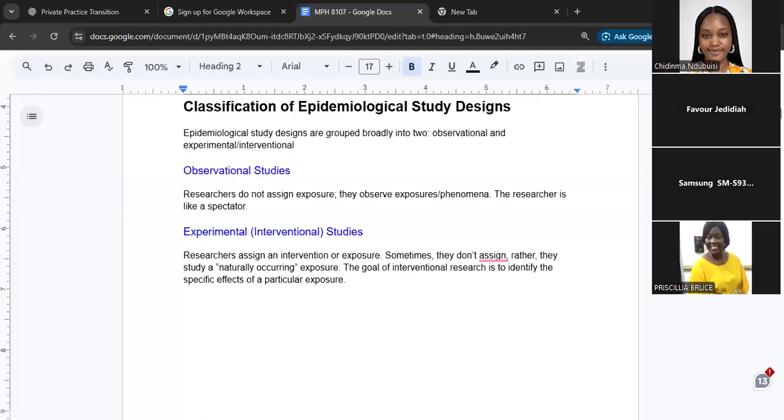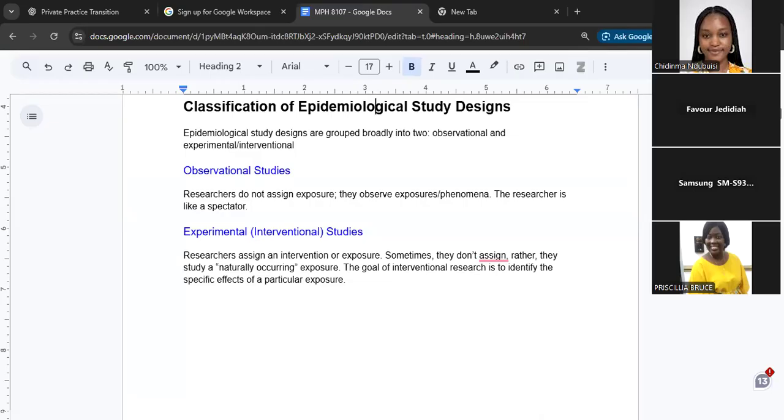So for epidemiological study designs, there are two broad classifications, two big umbrellas. There's the observational and there's the experimental or interventional.